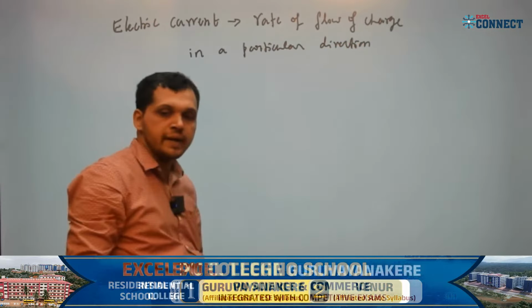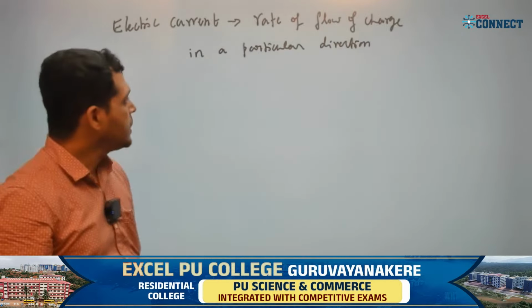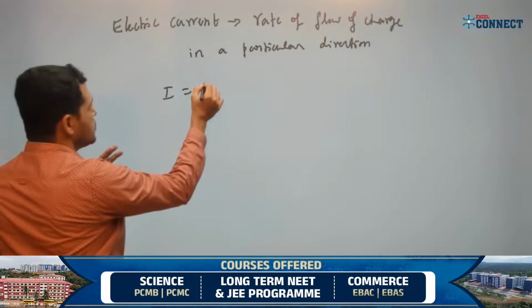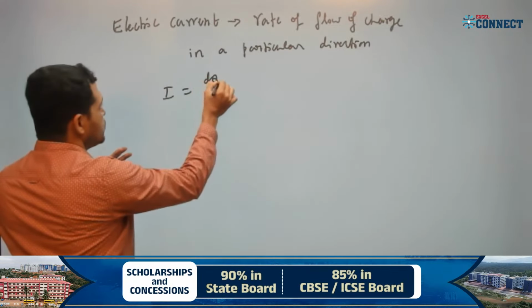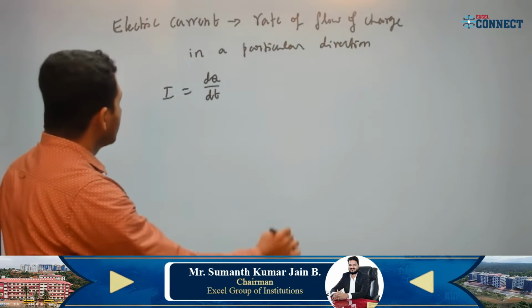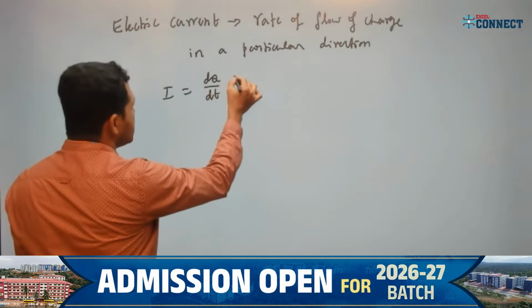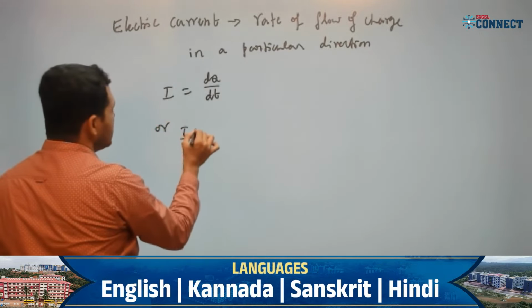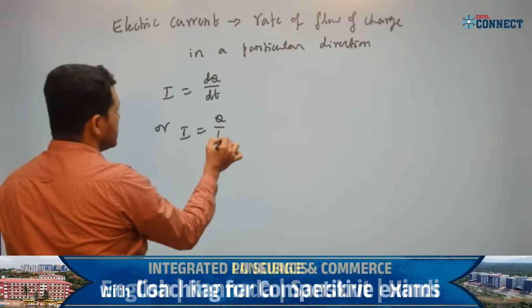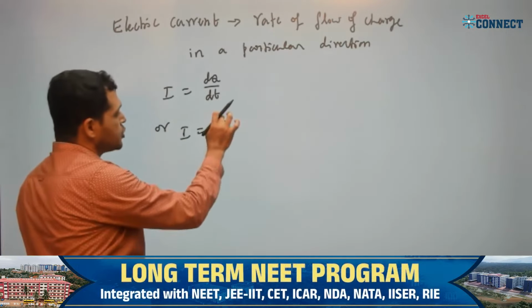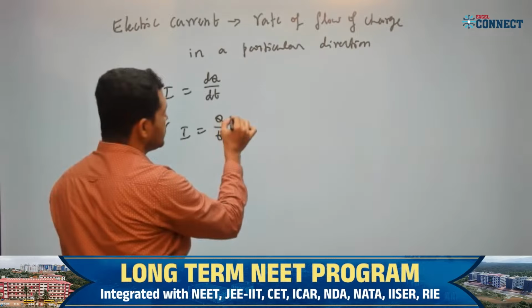This is how we defined electric current, and based on this definition we can write I is equal to dq by dt, the rate of flow of charge, which is the instantaneous value, or we can write I equal to q by t. What is the unit of charge?